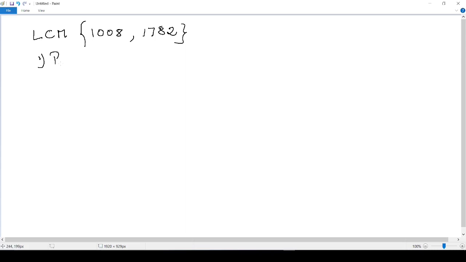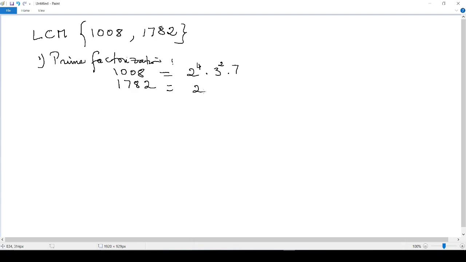For 1008, its prime factorization is 2 to the 4th times 3 squared times 7. And the next number, 1782, its prime factorization is 2 times 3 to the 4th times 11. You can double check with me.